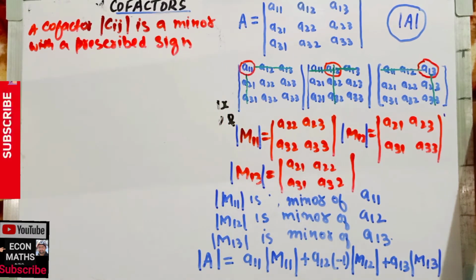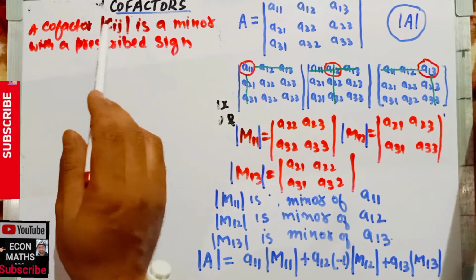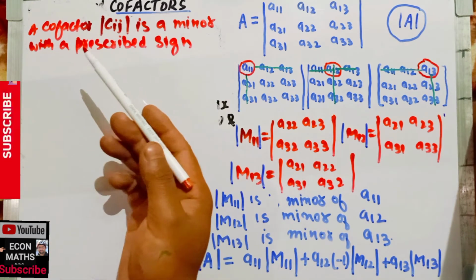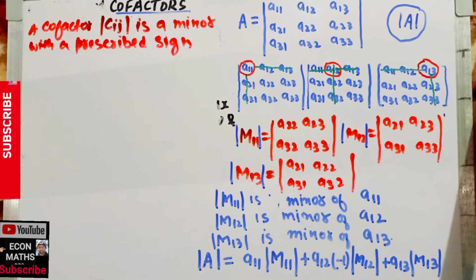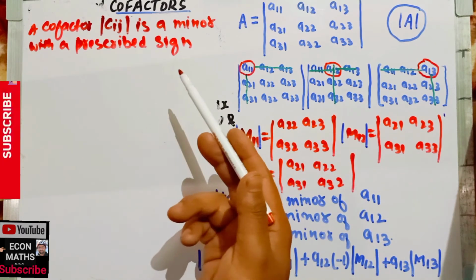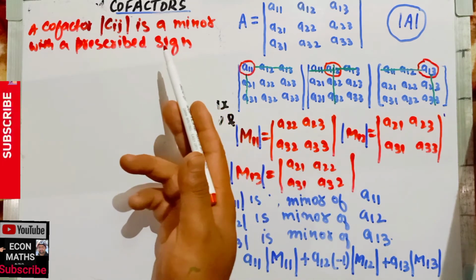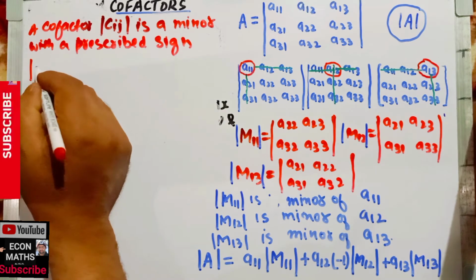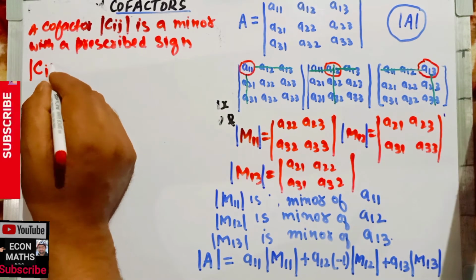That is, a cofactor is a minor, but there is a definite sign given, a prescribed sign.